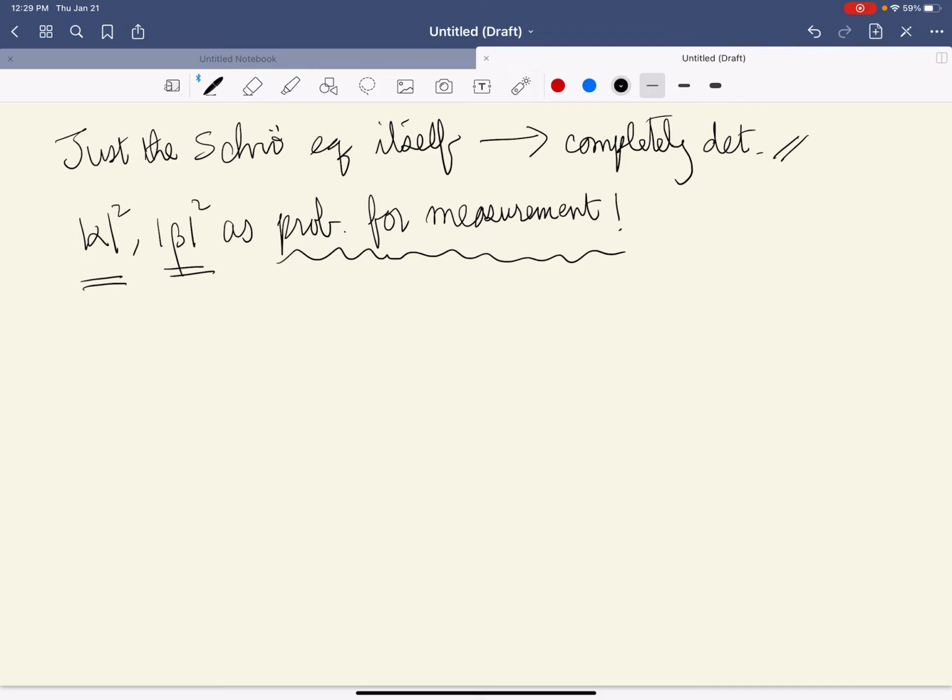Okay, but I must emphasize again that the Schrödinger equation itself is not probabilistic at all. It's the interpretation of the solution of the Schrödinger equation which is highly probabilistic, and so what I'm stating now is something known as the Copenhagen interpretation.